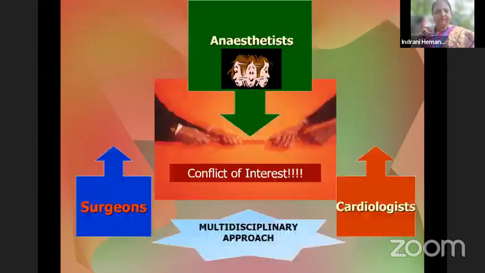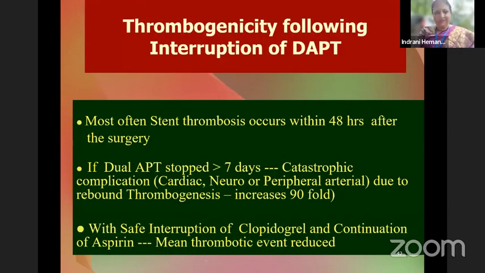You have to have a multidisciplinary approach. And of course, we as anesthetists are torn between two sides, where the surgeons are saying no dual antiplatelet therapy and the cardiologist is saying yes, we need to give antiplatelet therapy. There is so much conflict of interest.